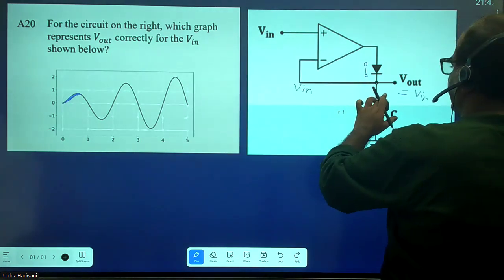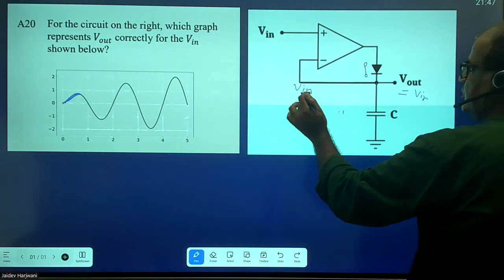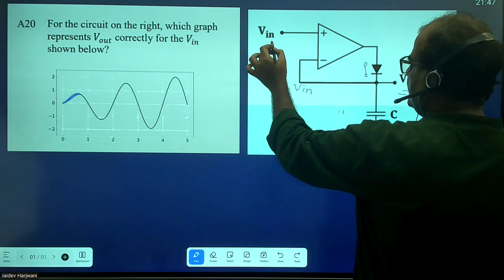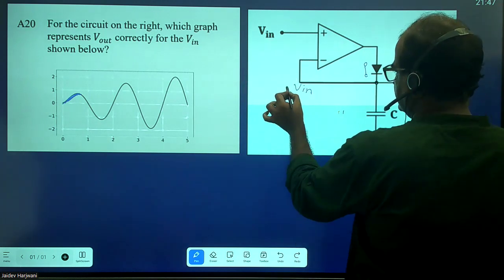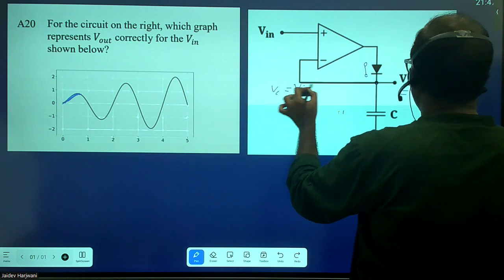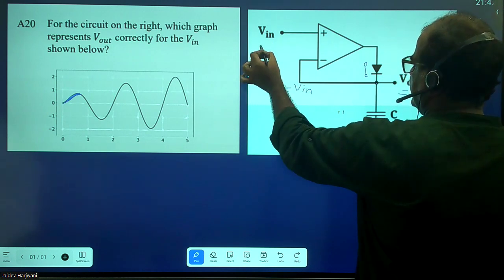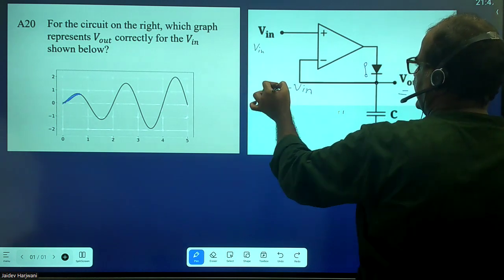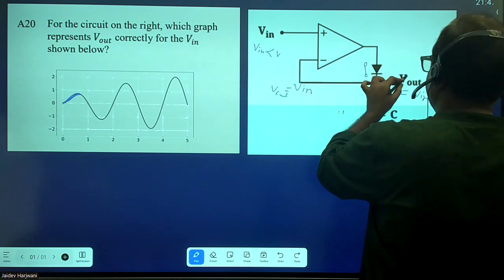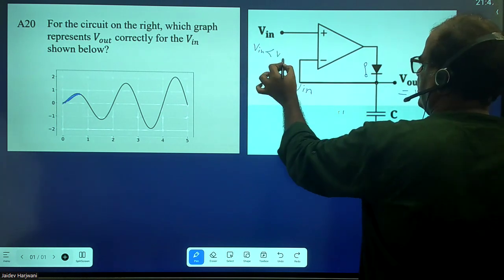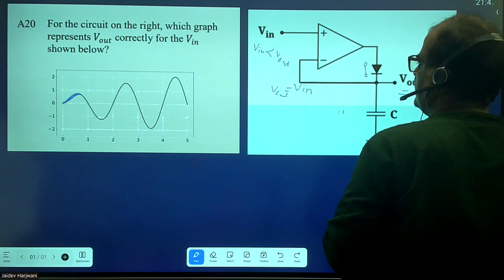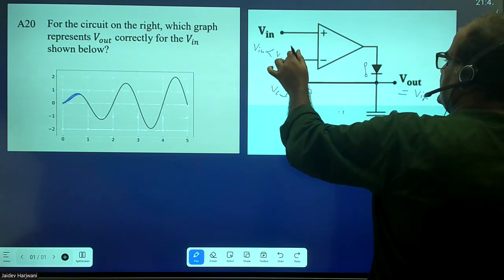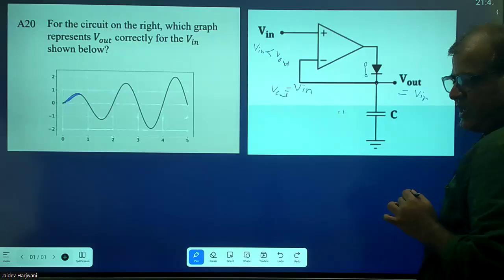The capacitor is now charged, here the voltage is V input, which is equal to V output. And now you're applying a new V input which is less than the V output here, or the previous V input. So now what will happen? This voltage becomes higher than this voltage.